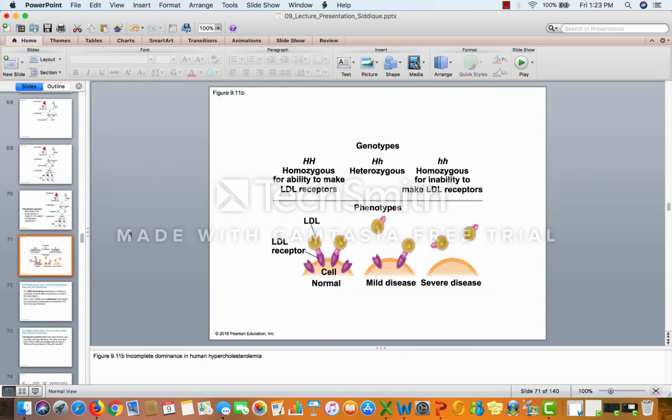If you're homozygous recessive and you can't make LDL receptors, your body can't take up all of those fats, whether they are good fats like your extra virgin olive oil, your sunflower oil, right? Not your butters, because butters are LDLs. If you have some mild disease, some can take up your LDL, right? So this is an example of hypercholesterolemia, which is increased cholesterol inside the body.